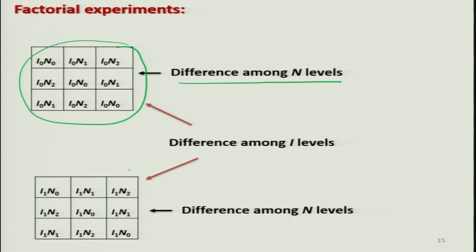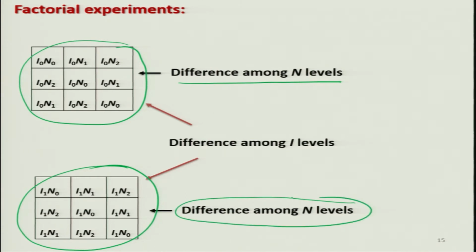Similarly, if you consider this RBD, where the irrigation level is fixed at I1, here also you can get only an idea about how the different levels of nitrogen impact the crop when the irrigation level is fixed as I0 in case 1 and as I1 in case 2.